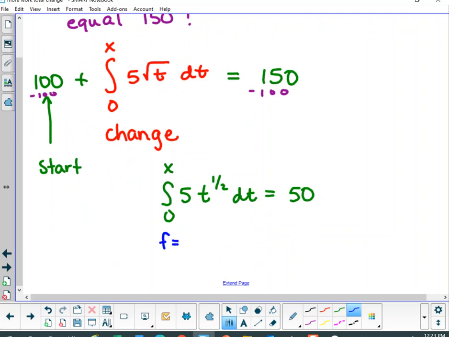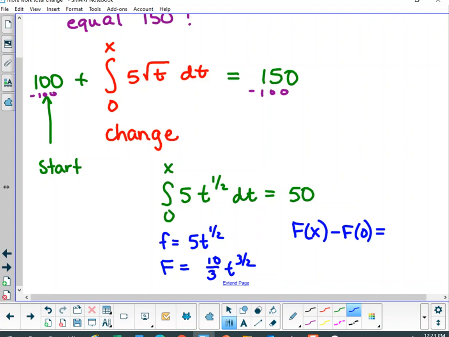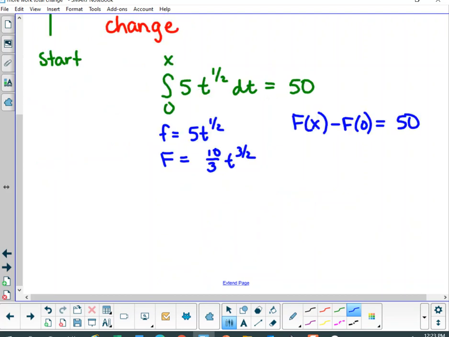So we still think about little f. So we still think about big F. But this time it's big F of x minus big F of 0 equals 50.